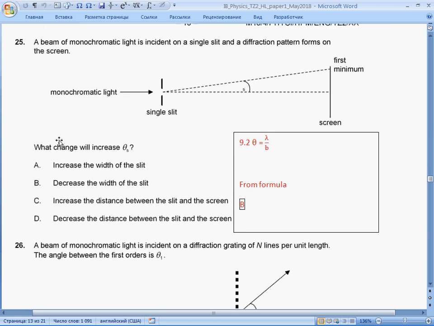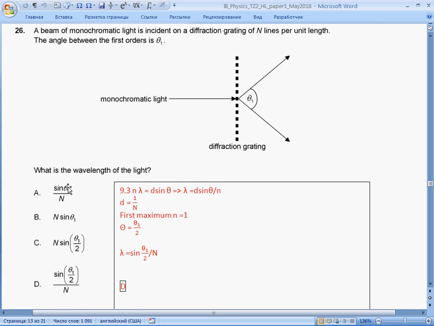A beam of monochromatic light is incident on a single slit and a diffraction pattern forms on the screen. What change will increase delta S? So the formula for diffraction through a slit is section 9.2. If we decrease b, theta will increase, so we choose answer B. 26.